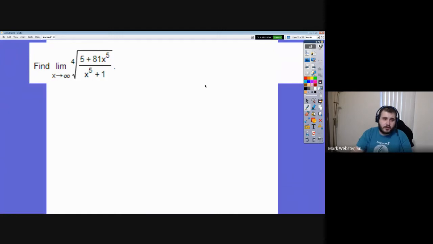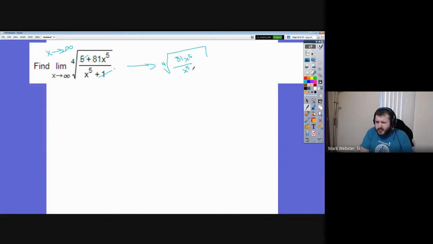Now take a look at this one. This one's really nifty. Because again, what we're going to do is go to infinity land with this whole thing, and we're going to remind ourselves that 5 and 1 don't follow us there. We only want the biggest exponent. So look at what this becomes. As x goes to infinity, this goes to the 4th root of 81x to the 5th over x to the 5th.